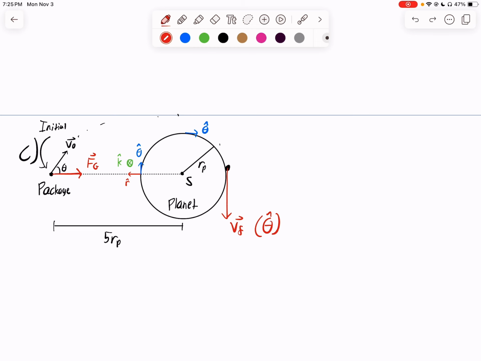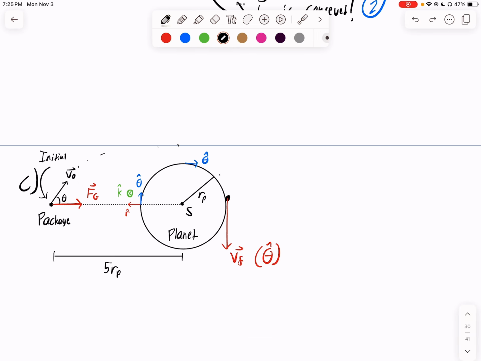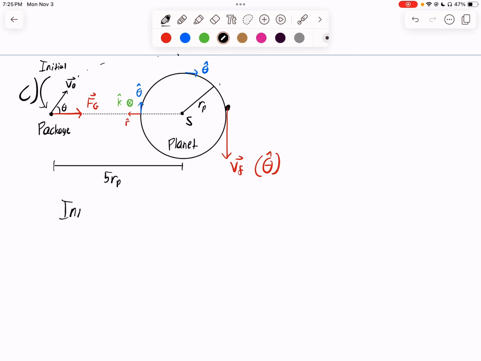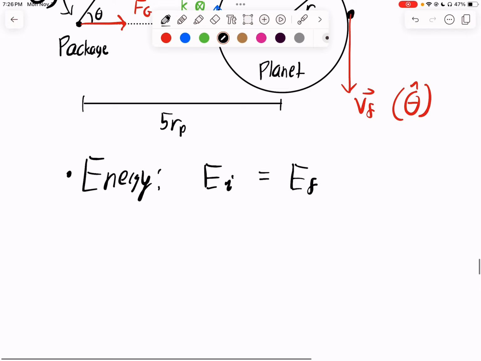Now it's time to write out the two conservation equations, initial and final. First, the energy balance. Your total energy at the initial state should equal the total energy at the final state.